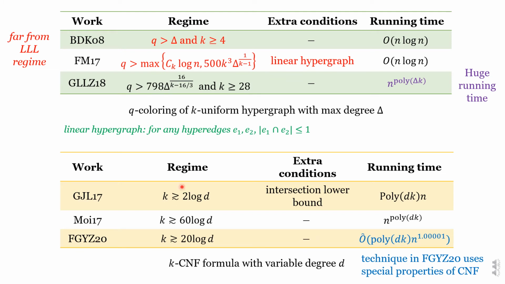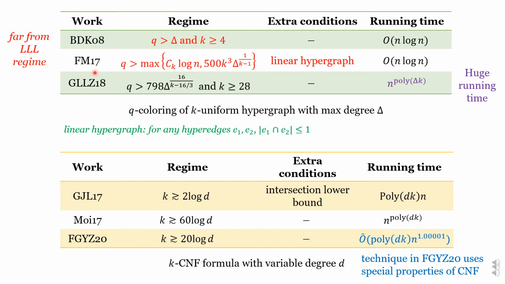Previously, some progress in sampling LLL has been achieved on specific applications. For hypergraph coloring, Magnus, Martin, and Marek proposed an algorithm which is fast in the region that q is larger than delta and k is no less than 4. Then Alan and Paul proposed a new algorithm.